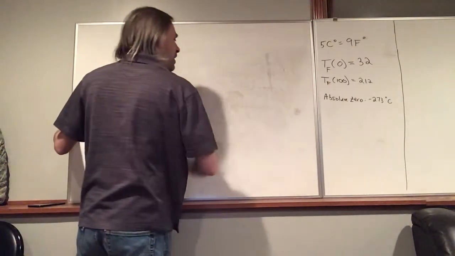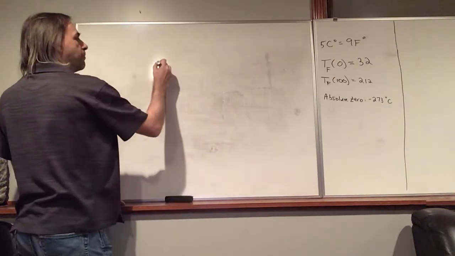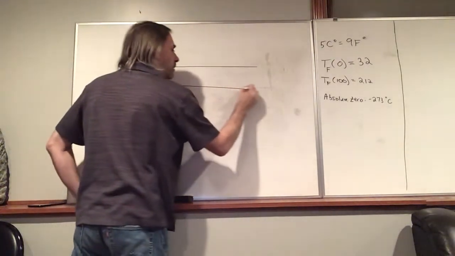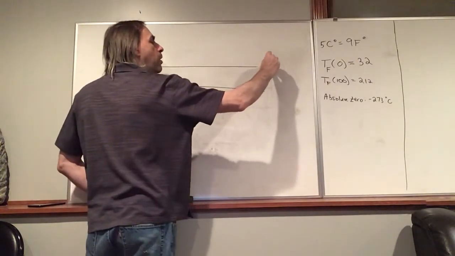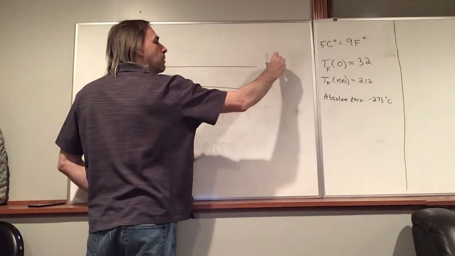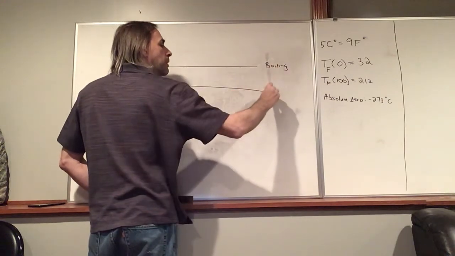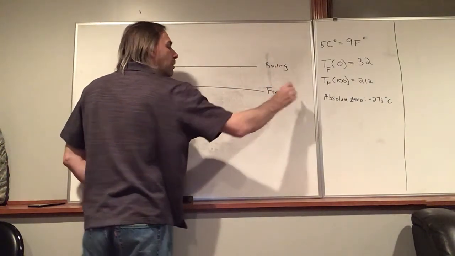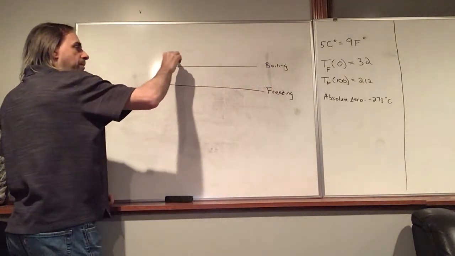Okay, so now I'm going to erase this, and let's look at the temperature scales that we have. We have Celsius and Fahrenheit. So again, this is the boiling point of water. This is the freezing point.